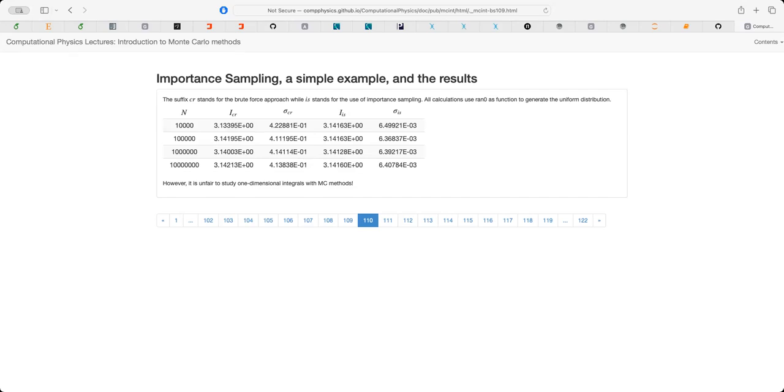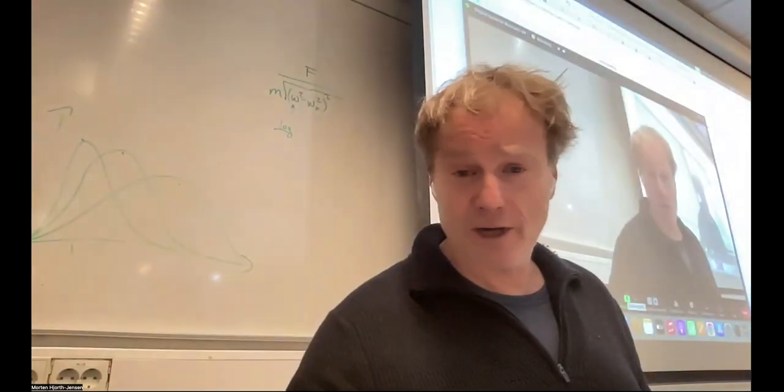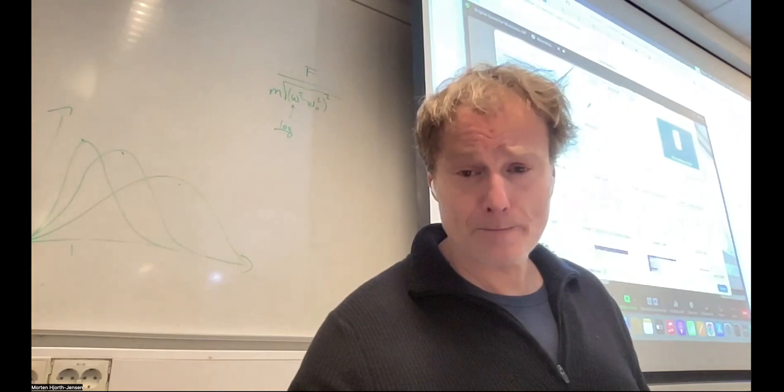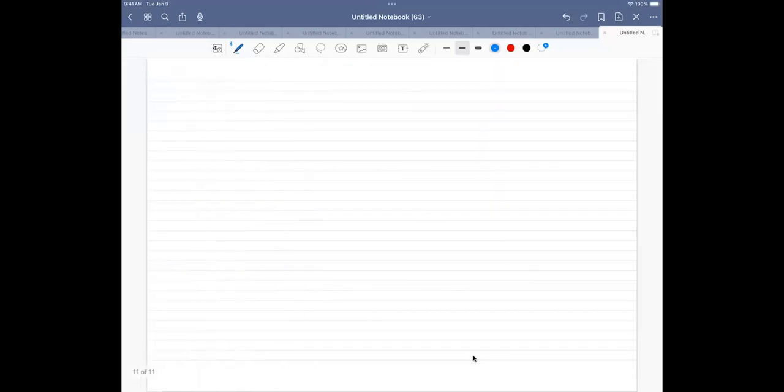So let's go back a little bit to the whiteboard. Suppose now that in our calculations we have just one particle, and the wave function is given by a Gaussian. It could be a harmonic oscillator in the ground state, like we have in the first project.